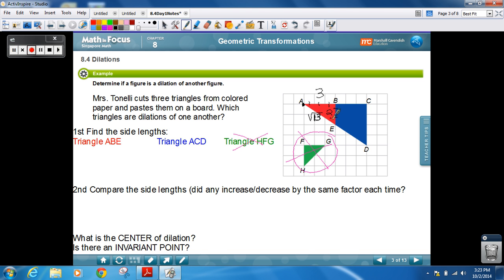So there's my 3 lengths for the red triangle. If I write that over here, I have 3, 2, and the square root of 13.